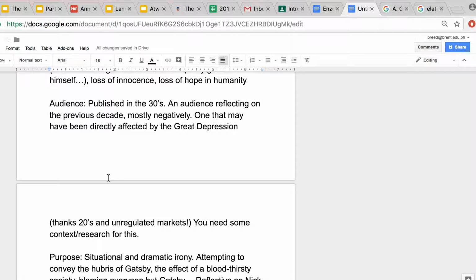So we're looking at the elaborate and almost unregulated behavior of people. Everything was a big party, and people were sort of ignoring the stock markets, and the 20s ignored some very basic principles on how to run a market, and it was all about get-rich schemes. So that could be a potential audience.